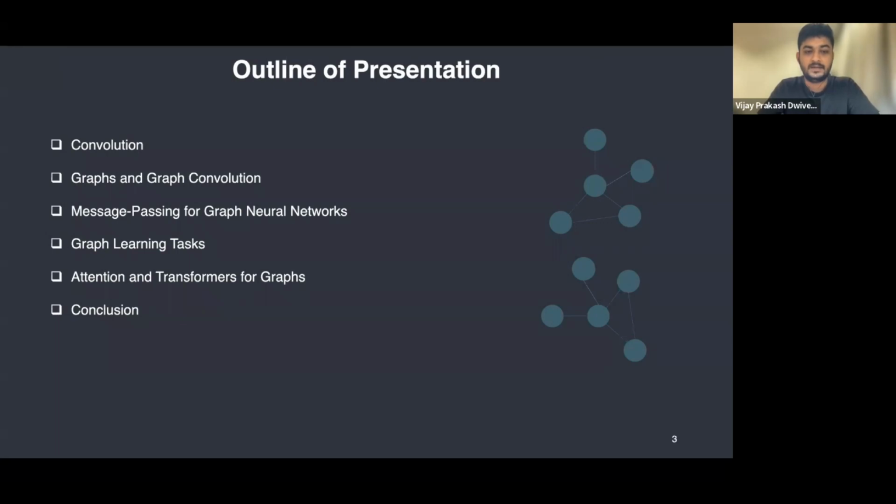It will be followed by several graph learning tasks that we can do on graph datasets. Then I'll discuss attention, how attention is related to graph neural networks, and what transformers can be developed for graph datasets. Finally, I'll conclude with the takeaway messages for the session today. So let me start with the convolution.